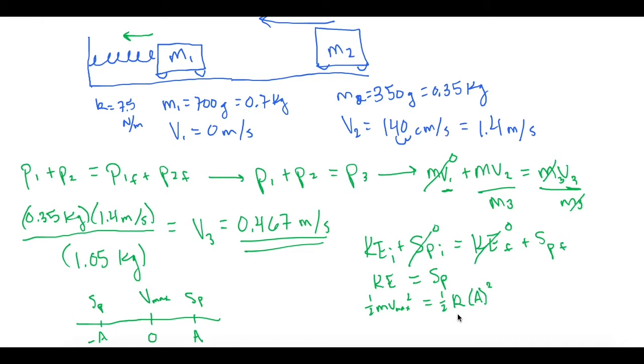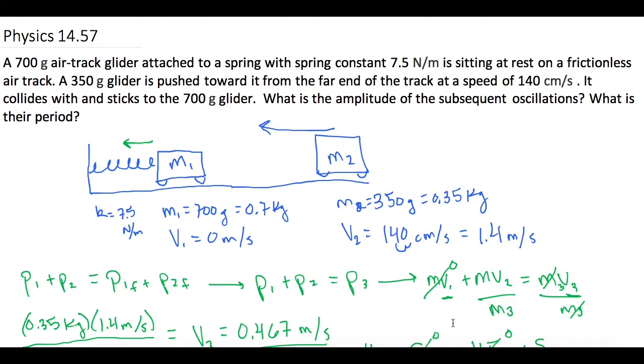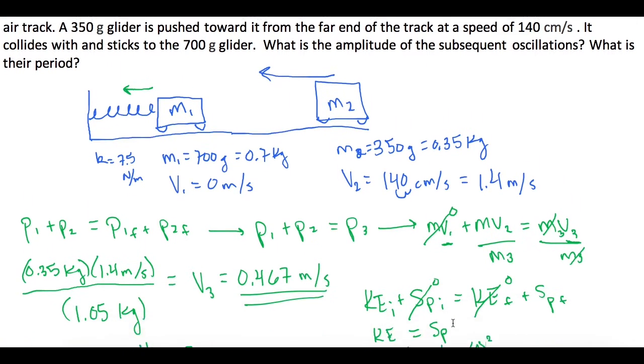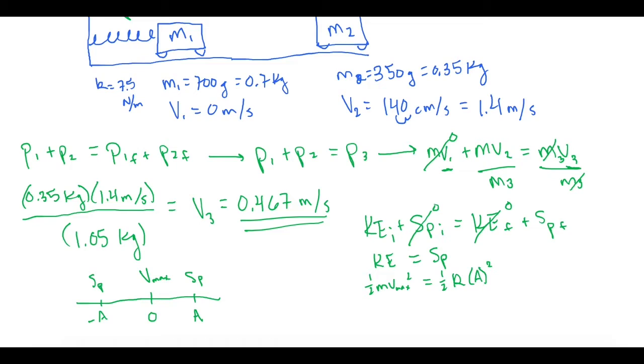Okay, so what was it that they wanted? They wanted the amplitude, and then the period. So let's solve for A. Both sides of the equation have a 1/2, so let's cancel out the 1/2. So now we're left with m v max squared is equal to k A squared. Now we'll divide both sides by k.